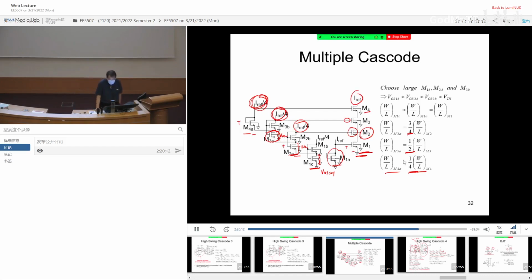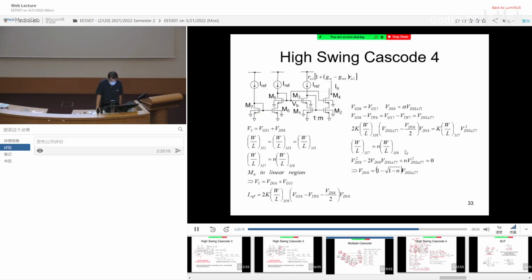So method 3, very straightforward. You don't need a lot of calculation. Now method 4 is actually the most complicated one. The most complicated one. Okay. Method 1, method 2, and method 3 all suffer from one key problem: threshold voltage mismatch.